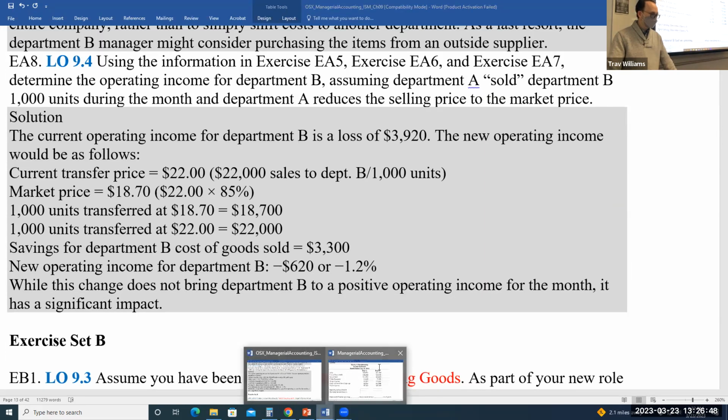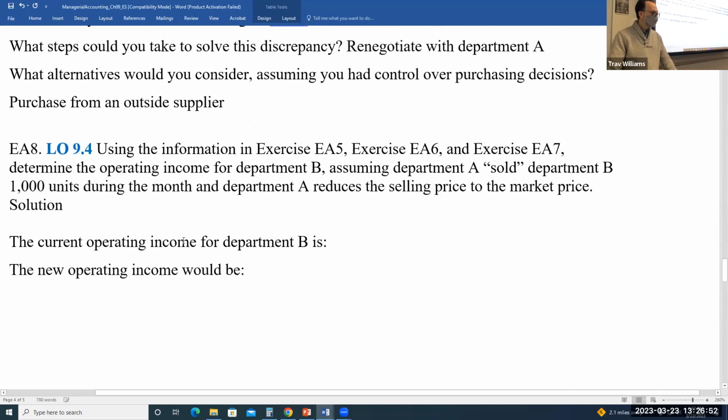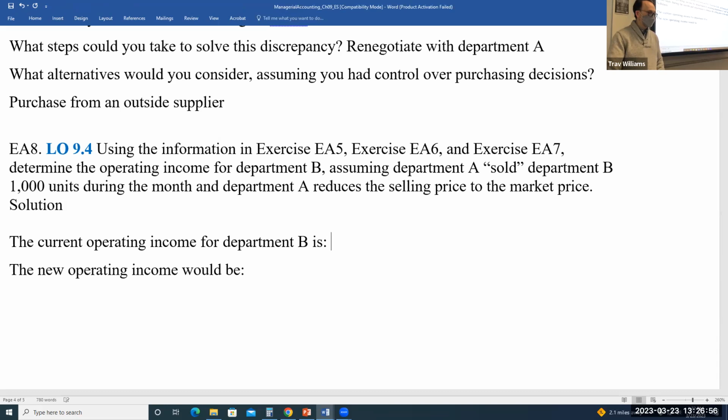Sorry, I keep going to the wrong document here. So for 8, the current operating income is negative 3,920. If we get that 15% reduction in the price from Department A, that loss would then only be $620.